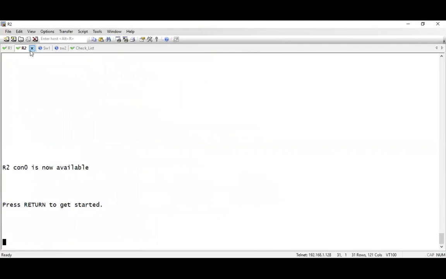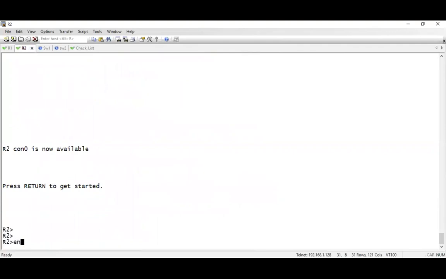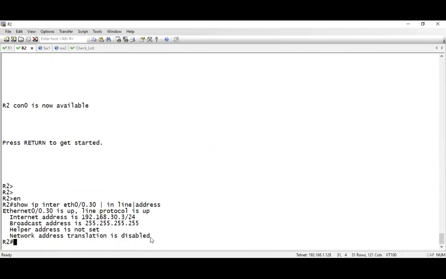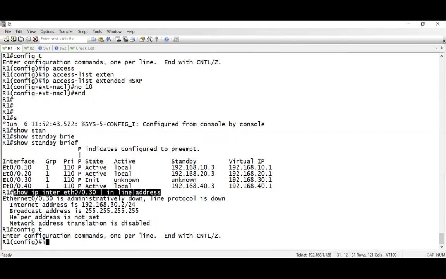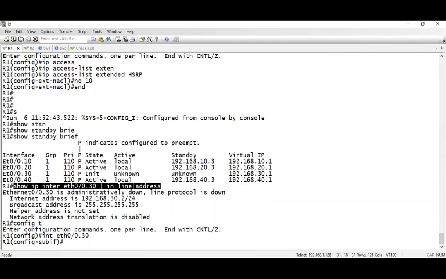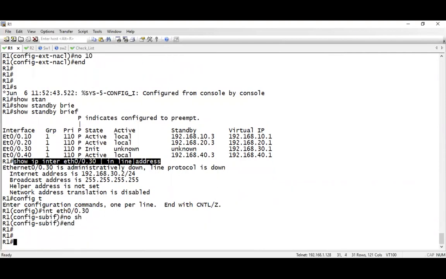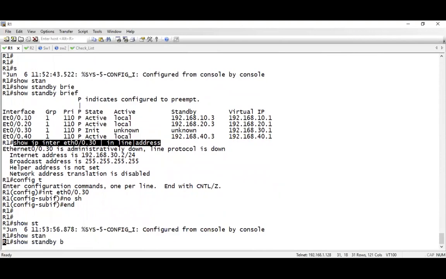Let's check it on R2 as well. It's up on R2, so let me bring it up and see the status of HSRP.